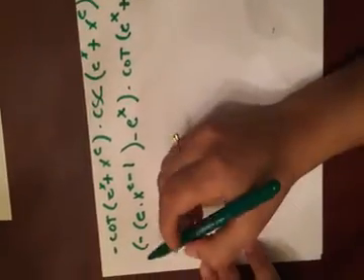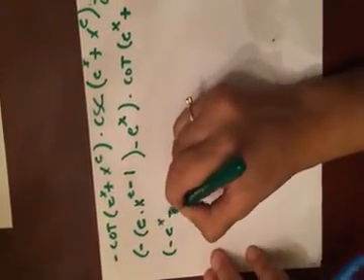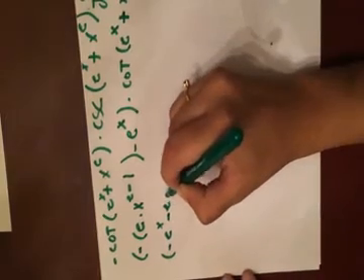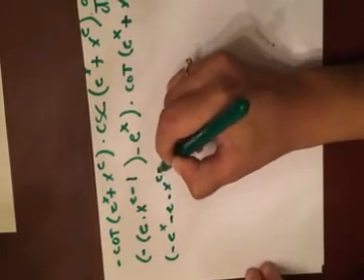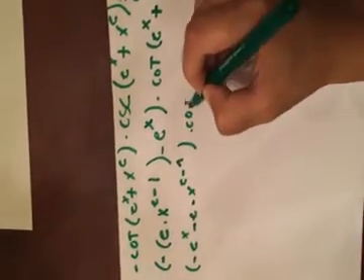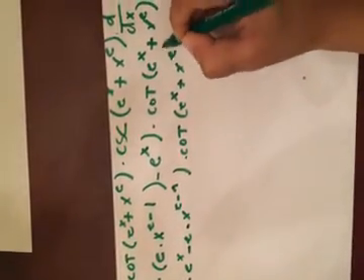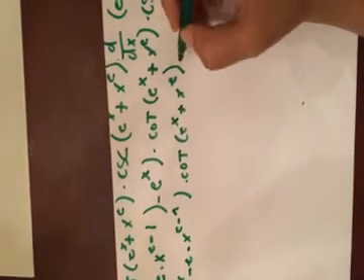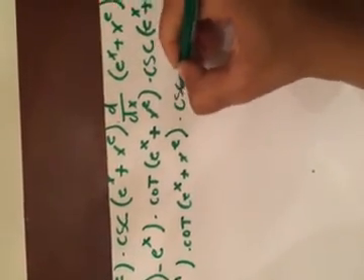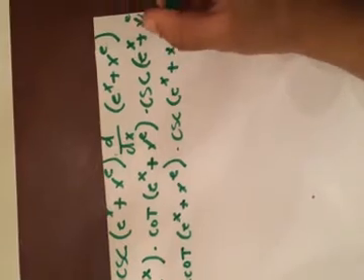Finishing this work, it is equal to negative e to the x power, negative e times x to the e minus 1 power, times cotangent of e to the x power plus x to the e power, times cosecant of e to the x power plus x to the e power.